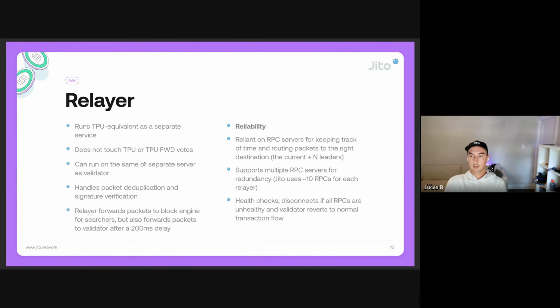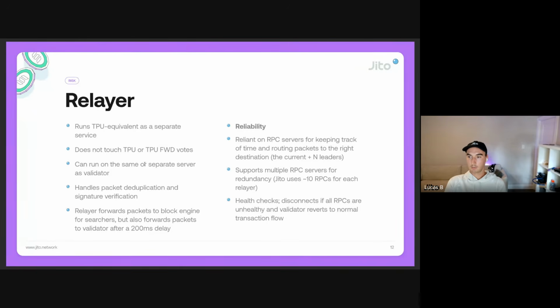So the relayer is essentially a TPU equivalent as a separate service. It's all written in Rust. It's using a lot of the Solana Labs libraries, so it's using the same QUIC server, the same signature verification stage, and all of that.